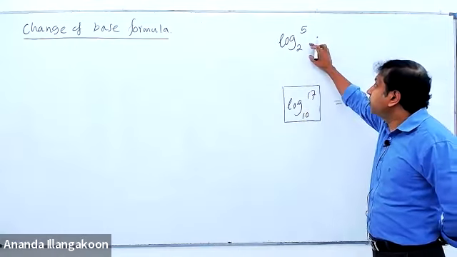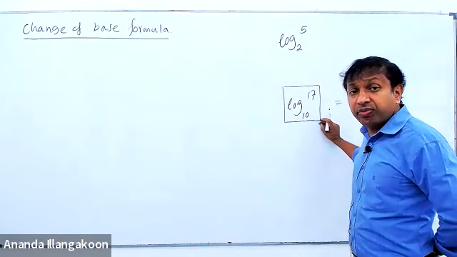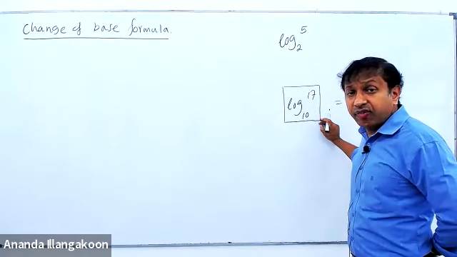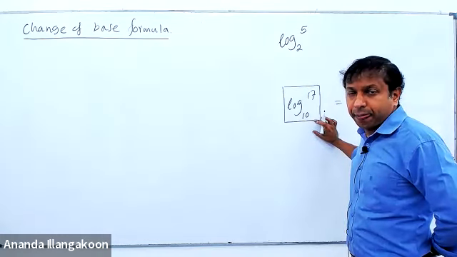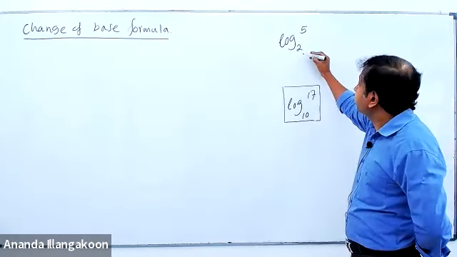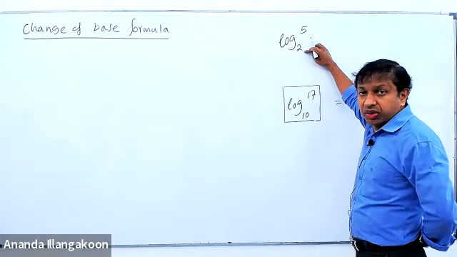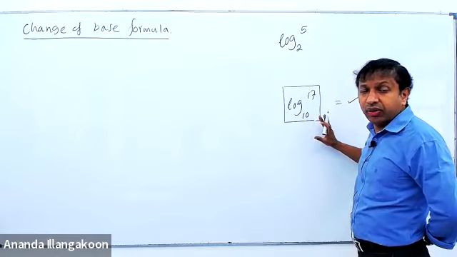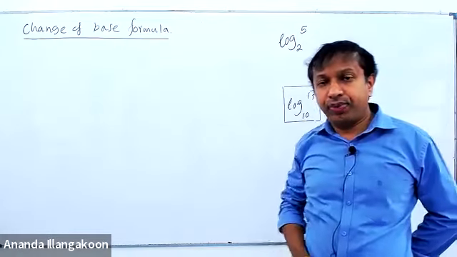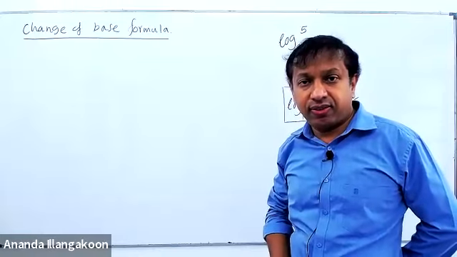But here, to find this, people, you can't use your usual logarithmic table, which is given with every logarithm subject to base 10. This time we are asking the logarithm of 5 subject to the base 2. Subject to the base 2, the logarithmic values cannot be found by using the logarithmic table subject to the base 10. Your usual O/L logarithmic table, people, is subject to the base 10.